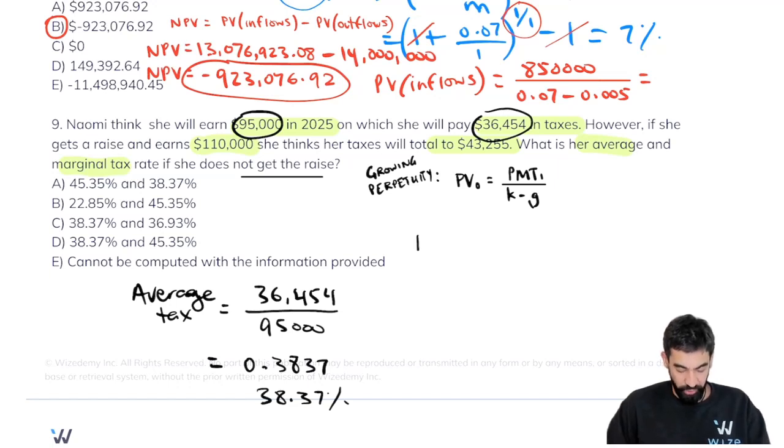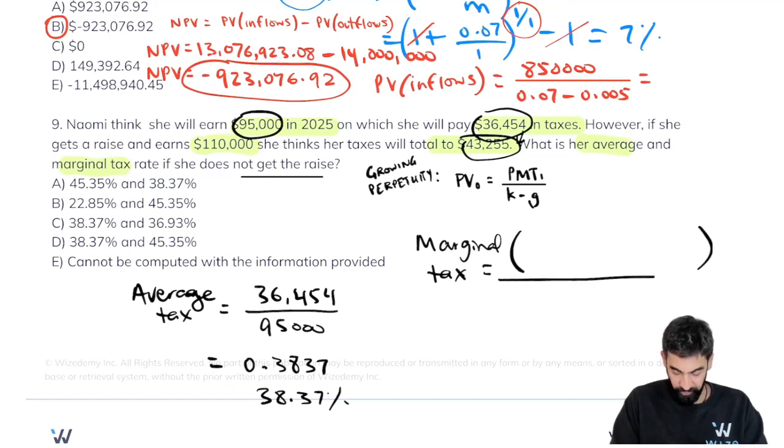And what is her marginal tax? Marginal means the additional tax she's going to pay if her income goes up. So you're going to see what is the change in her taxes. Take the difference between these two numbers. So her tax is going to go new minus old, 43,255 minus 36,454.